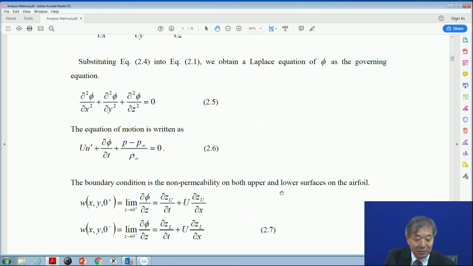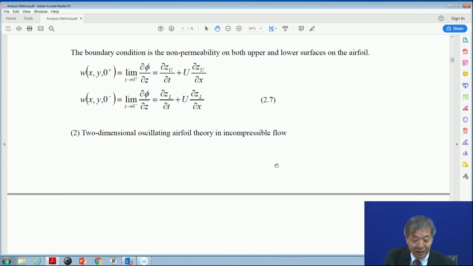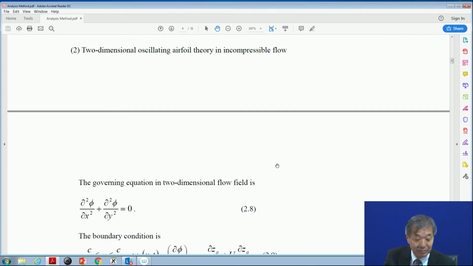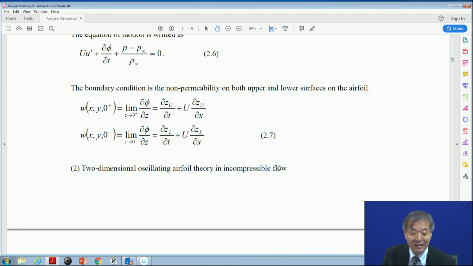And this is only the velocity field equation, so we need 2.6 to obtain pressure or force. These are combined together to get the necessary parameters in the perturbation flow field. And it's a general expression.